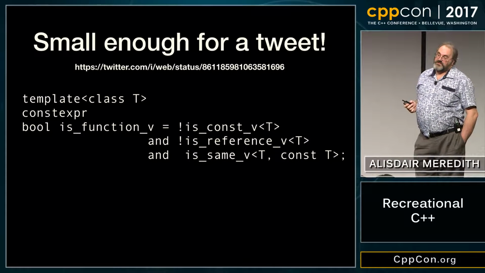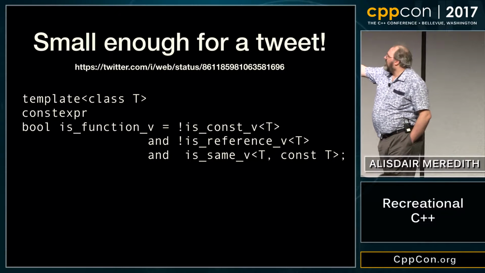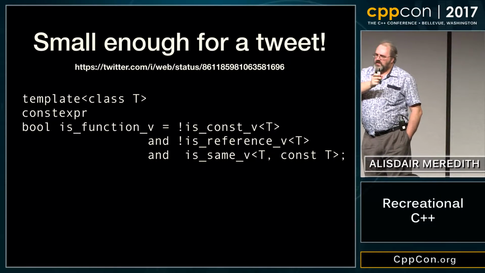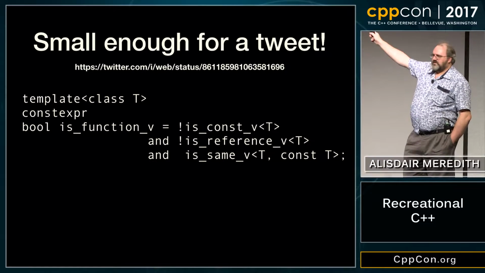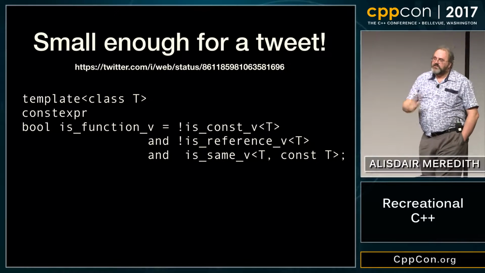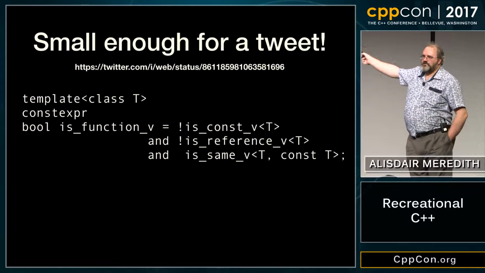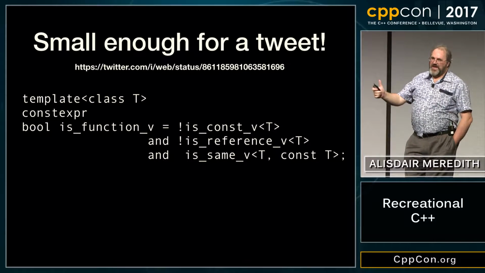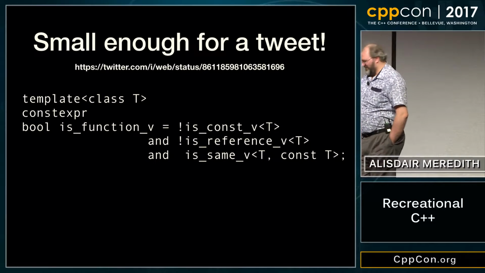References have that same property, so I don't want it to be a reference either. And finally, because I know T is not CV qualified, const T, if I have a function type, will still not be CV qualified. So if I check if T and const T are the same, I have a function type. And that passes my battery of tests.